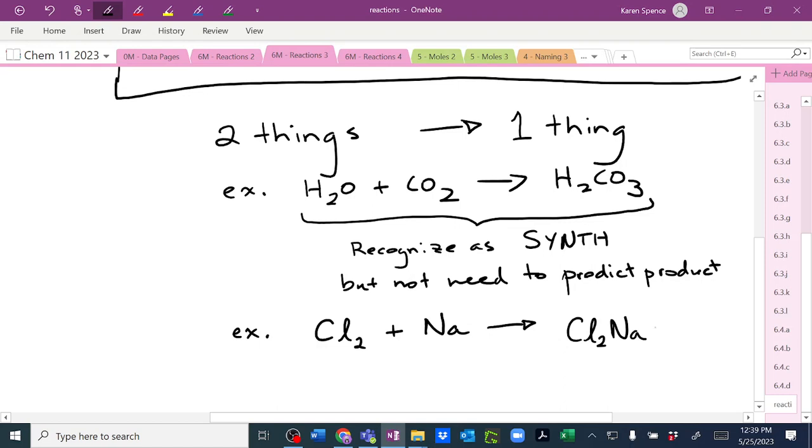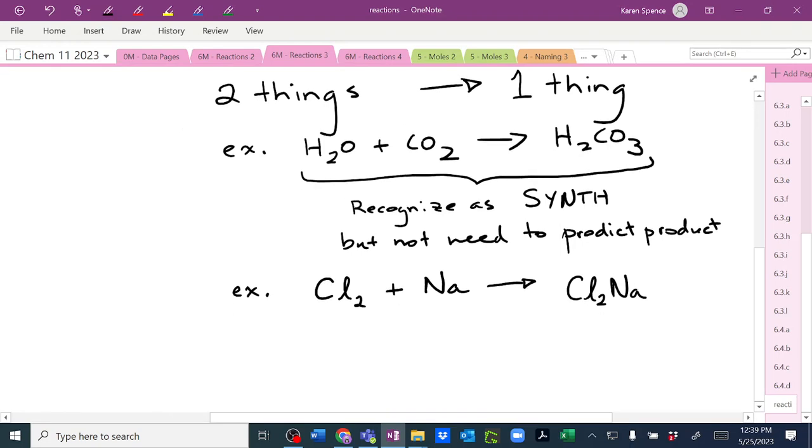I hope that you look at that and go, wow, that's really weird, Ms. Spence, don't do that, because that just looks so strange. What are the two things that are wrong with that? Yeah, the metal has to go first, right? So definitely not that. The metal has to go first. So what if I wrote NaCl2? Would that be okay? No, and the reason for that is why?